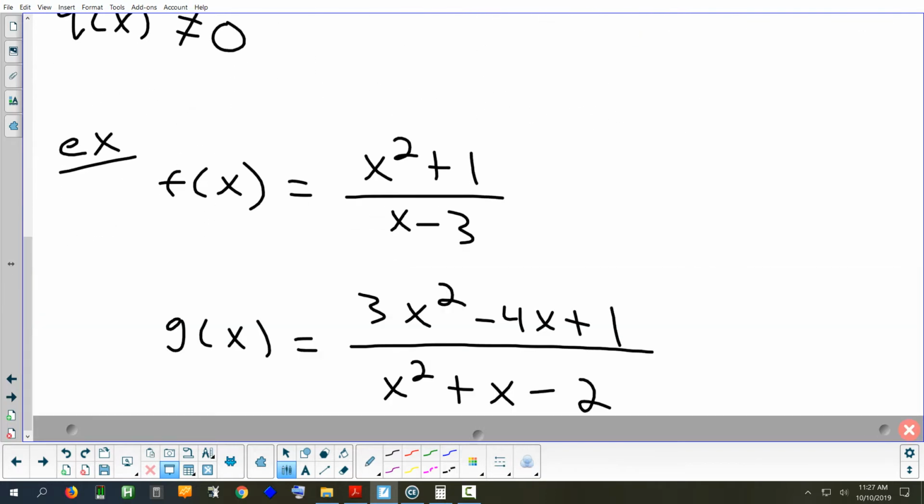And here's another rational function. 3x squared minus 4x plus 1 divided by x squared plus x minus 2. And the book has a lot more examples. So any question on what a rational function is? Just a fraction of two polynomials.